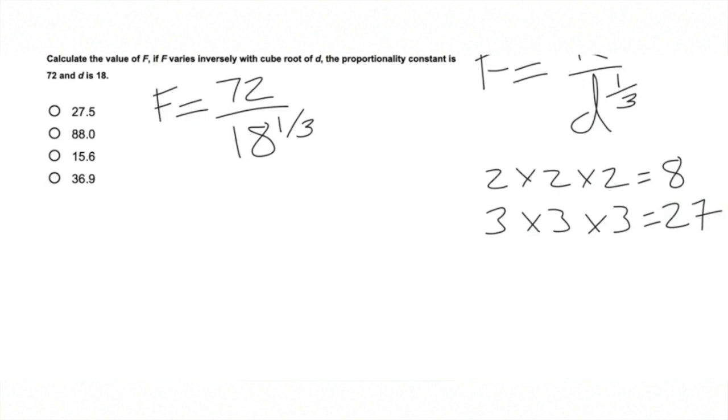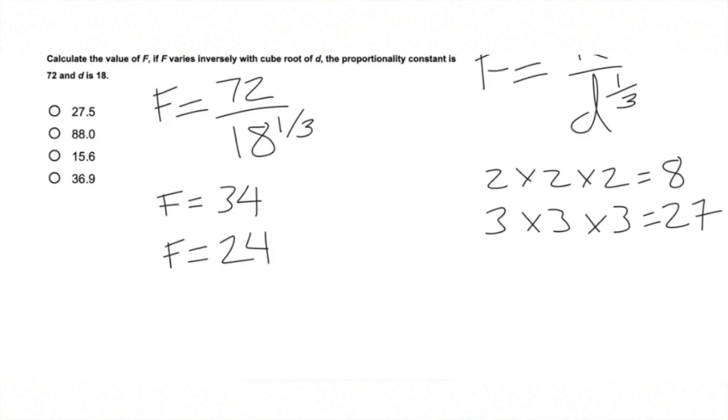So let's plug in those numbers into 72 divided by 2 and 72 divided by 3. If we plug in 2, then our f value is going to be 36. And if we try 3, then 72 divided by 3 is 24.